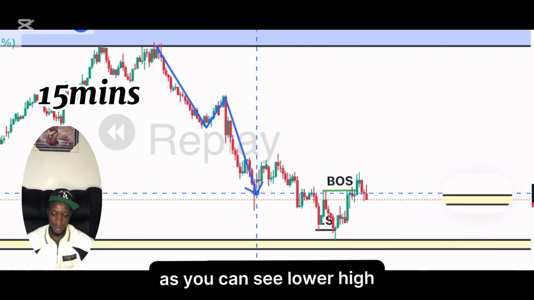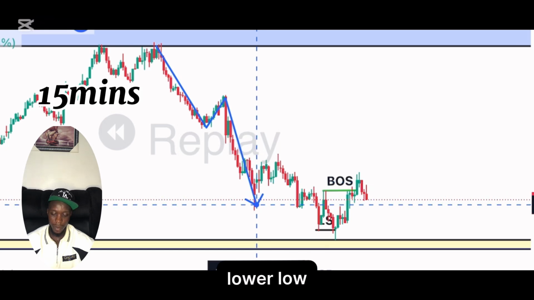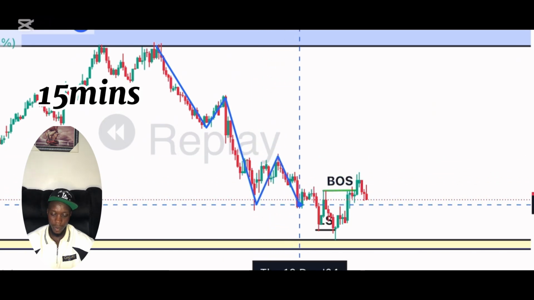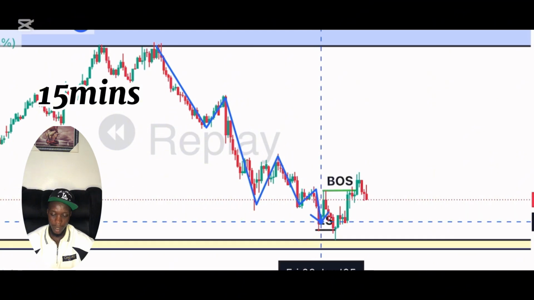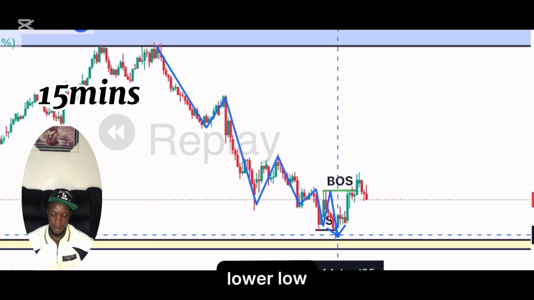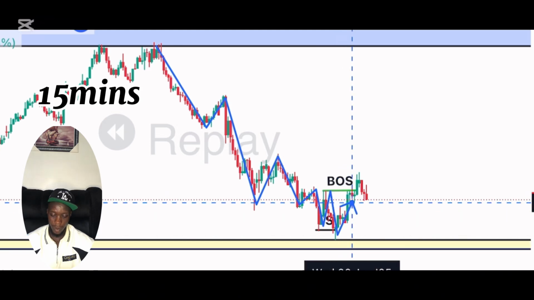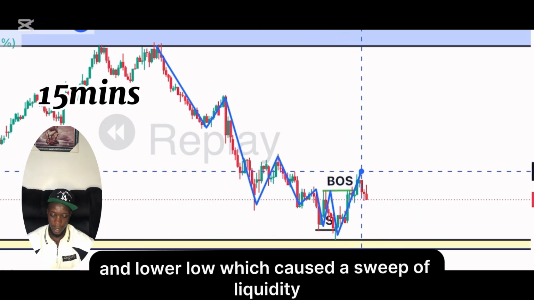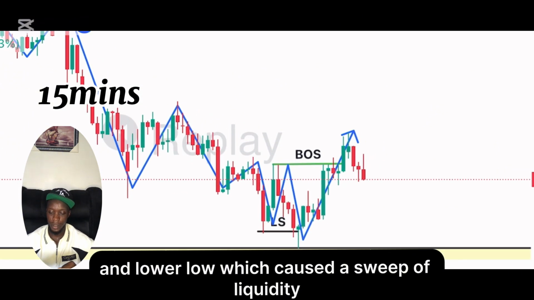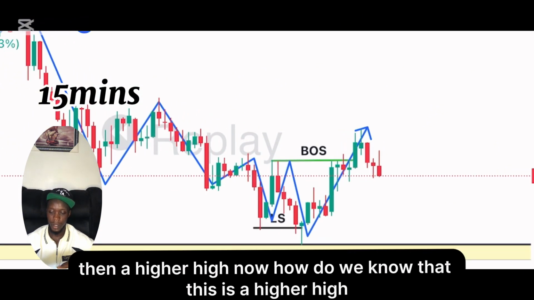As you can see, lower high, lower low, lower high, lower low, lower high, lower low, lower high, lower low, lower high, and lower low, which caused a sweep of liquidity, then a higher high. Now how do we know that this is a higher high?